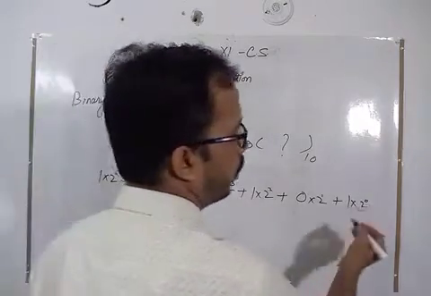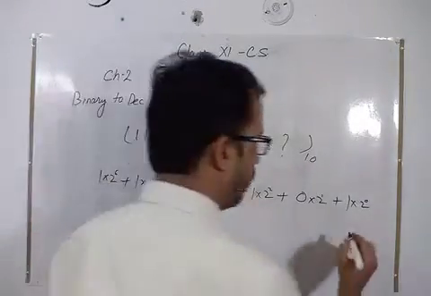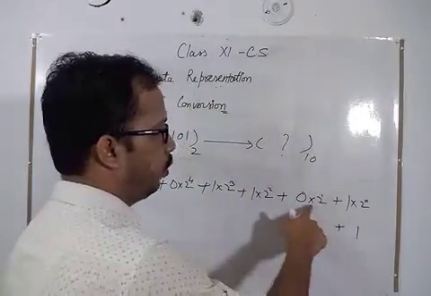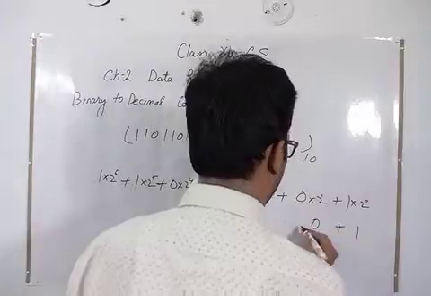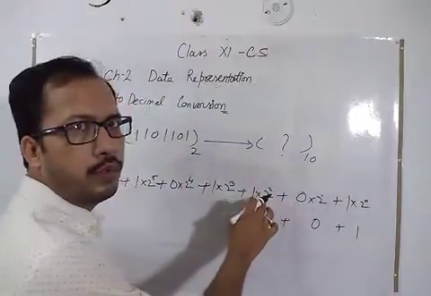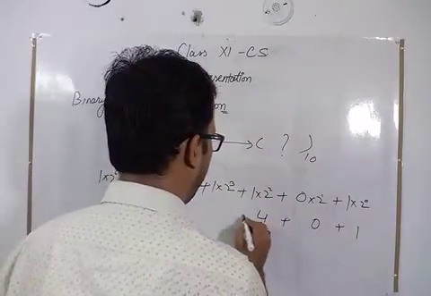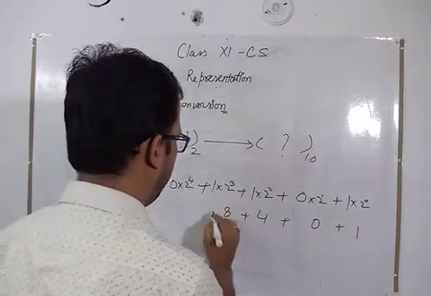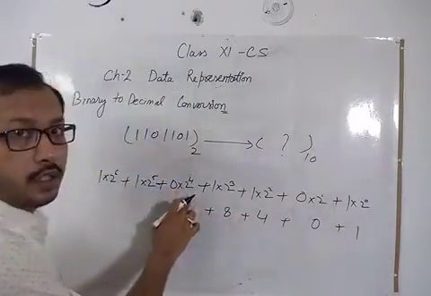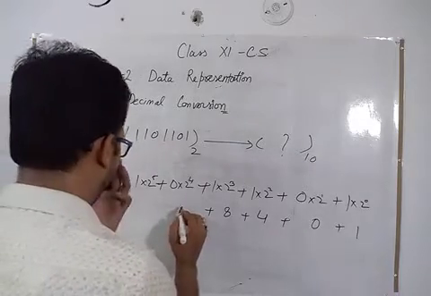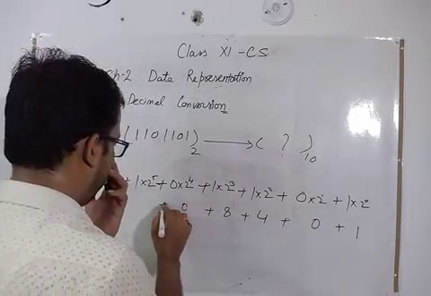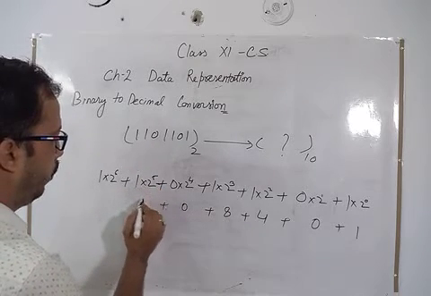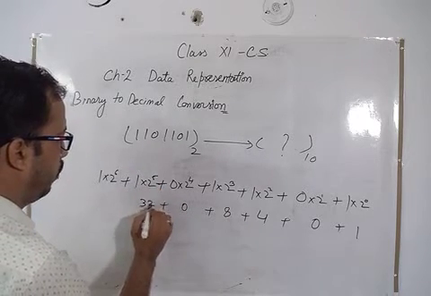2 raised to the power 0 is 1, 1 into 1 is 1, plus 2 raised to the power 1 is 2, and 2 into 0 is 0. 2 raised to the power 2 is 4, into 1 is 4. 2 raised to the power 3 is 8, into 1 is 8. Then 16, into 0 is 0. Then 32, so 32 into 1 is 32.